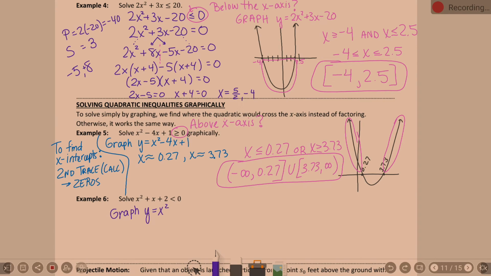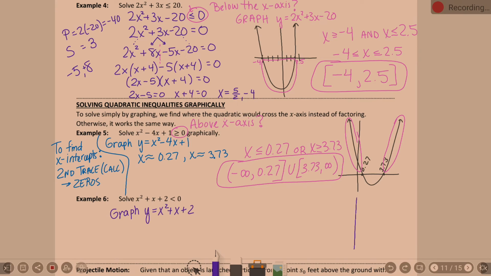As long as it is already equal to 0, you're just going to graph y equals x squared plus x plus 2. You have a parabola that does what?